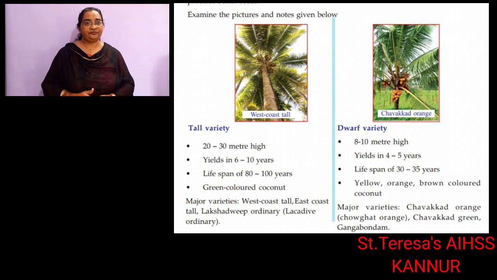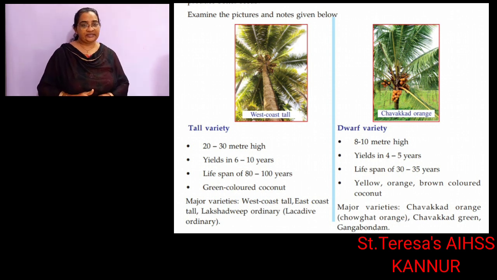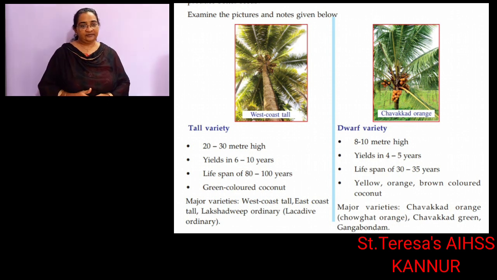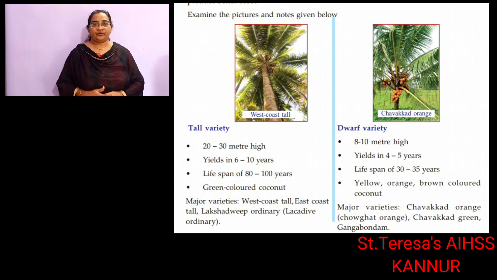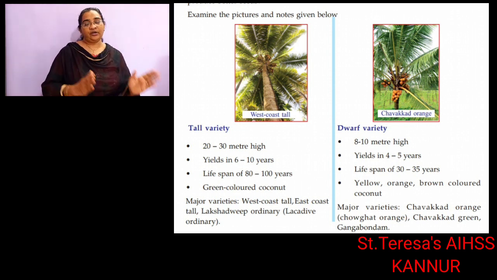Now look at the dwarf variety. 8 to 10 meters high, yields in 4 to 5 years, lifespan is 30 to 35 years, yellow, orange, brown colored coconuts, and the major varieties are Chavakad orange, Chavakad green, and Gangabodham. So these are the different varieties of the tall and the dwarf varieties.